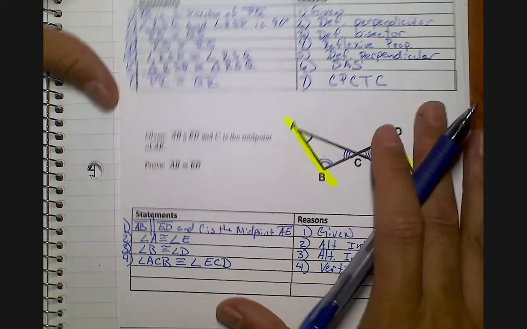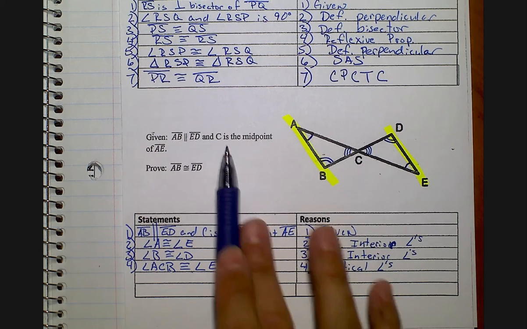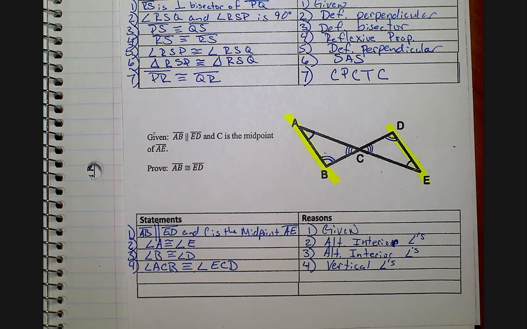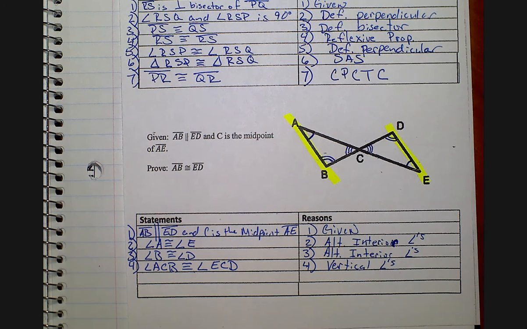Okay. You remember this part of my given right here? C is the midpoint of AE. So what does that tell me? That both sides are equal, congruent. What sides are congruent? They are equal, but what do I call them?